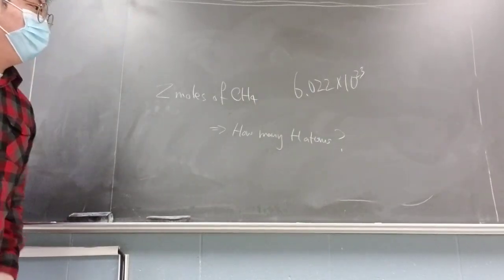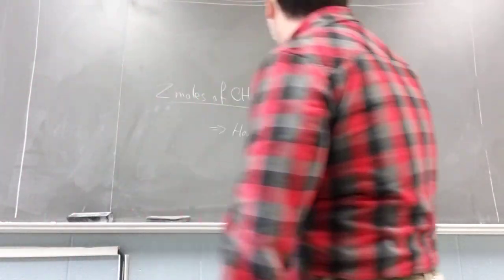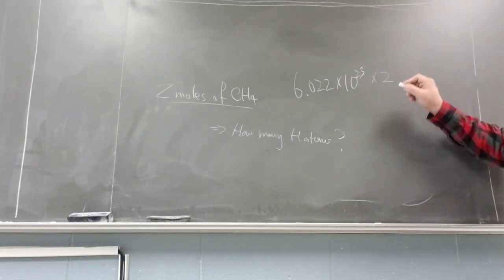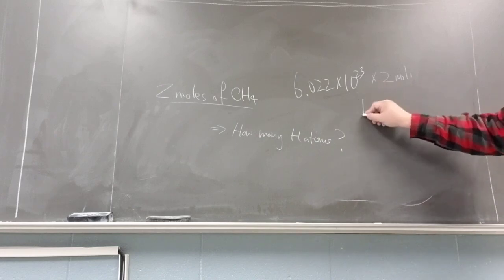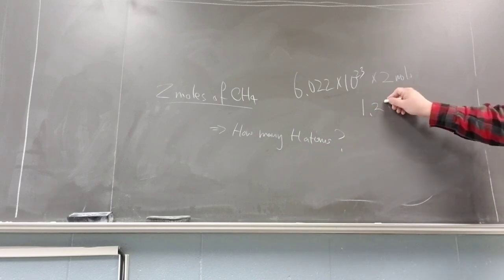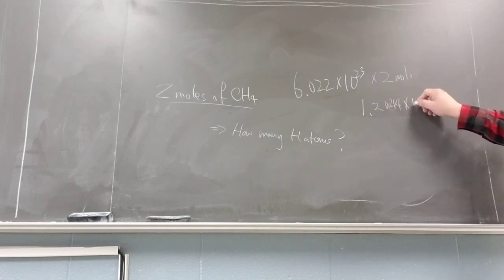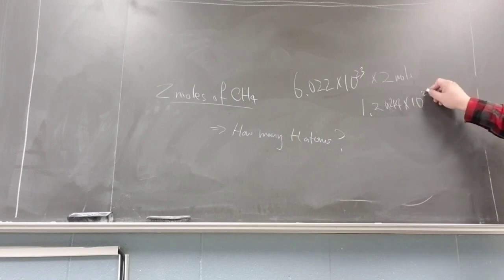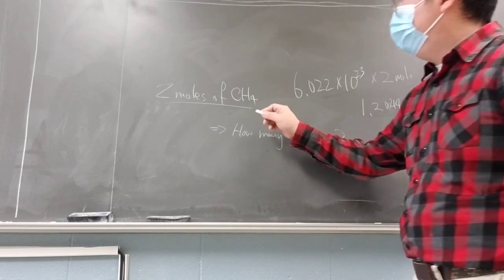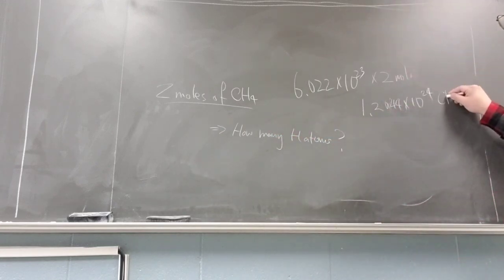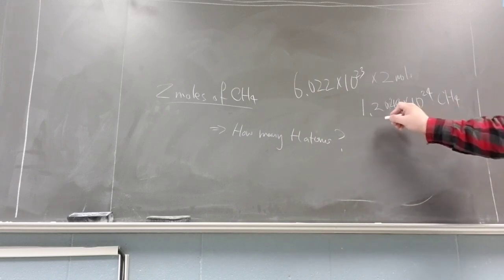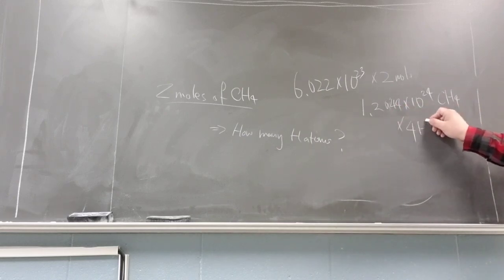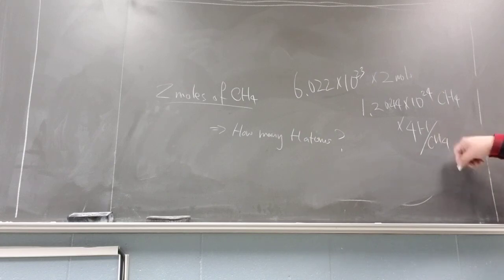All right. So the 2 moles, meaning what? You have 2 moles, right? So each mole has this many, so it'll be 1.2044 times 10 to the 24, right? But this is the number of methane, and each methane has 4 hydrogens. So we multiply this number by 4, hydrogen over methane, 4.